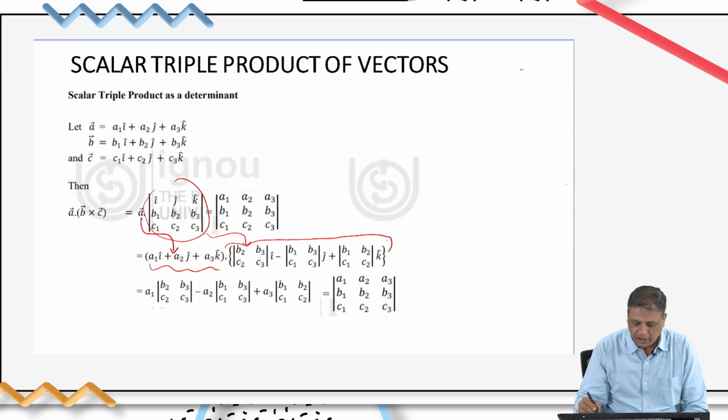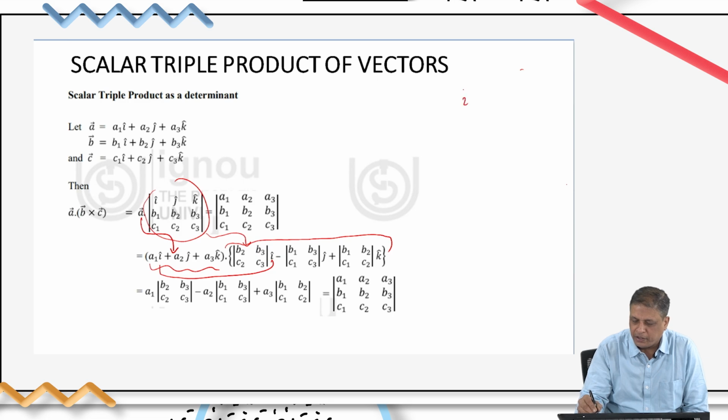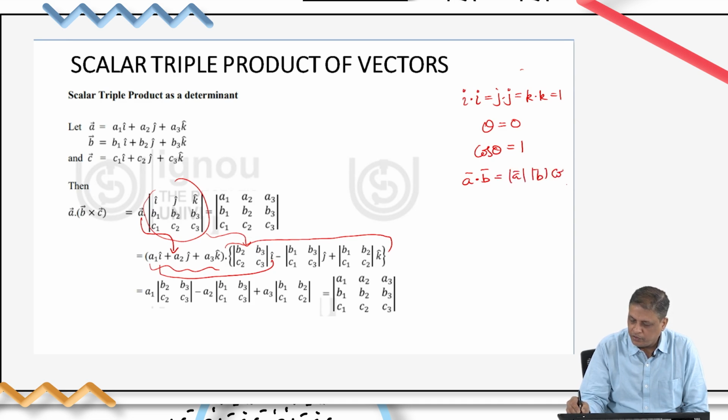Expanding the determinant and then multiplying component-wise, that is i with i, j with j, k with k, because of the dot product property i dot i is equal to j dot j is equal to k dot k is equal to 1, because theta is 0 and cos 0 is 1, since A dot B is equal to magnitude of A times magnitude of B times cos theta.